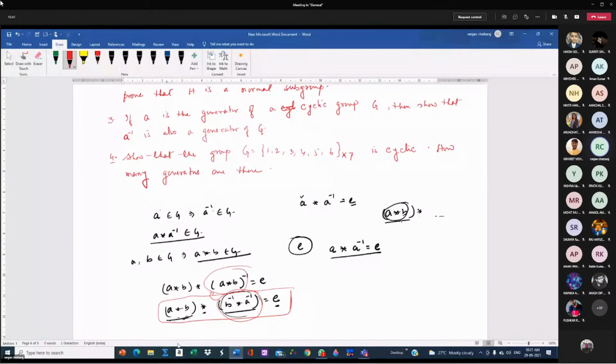If you prove that this operated by this, this composition, that means this is the inverse of this. That means the inverse of A asterisk B is equal to B inverse asterisk A inverse. Proceed with it.